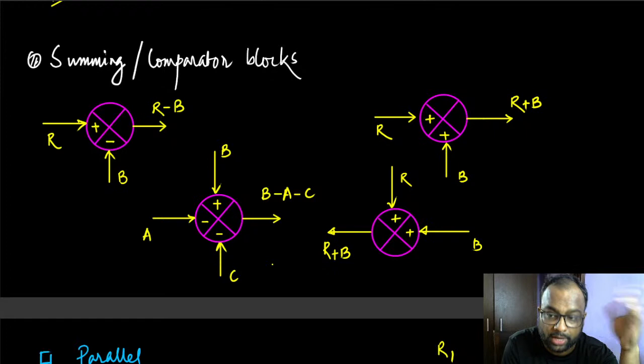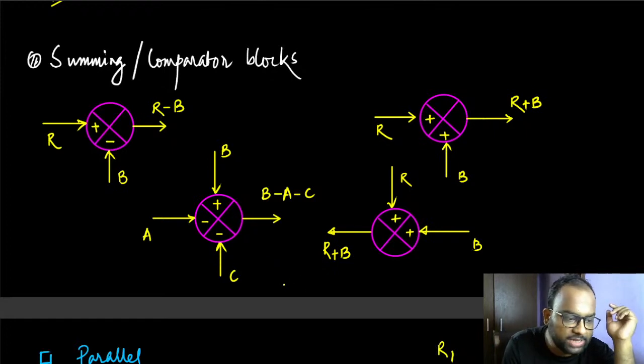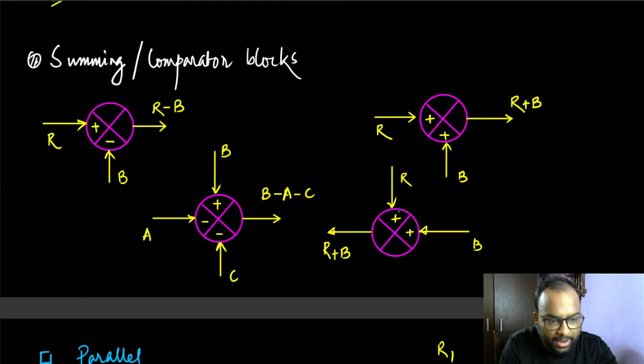What about more than 3 inputs? Yes, if we have more than 3 inputs, then we have a generalized notation. I'm going to draw that shortly. This block here compares two signals. Just keep in mind that it could also have been drawn slightly differently.